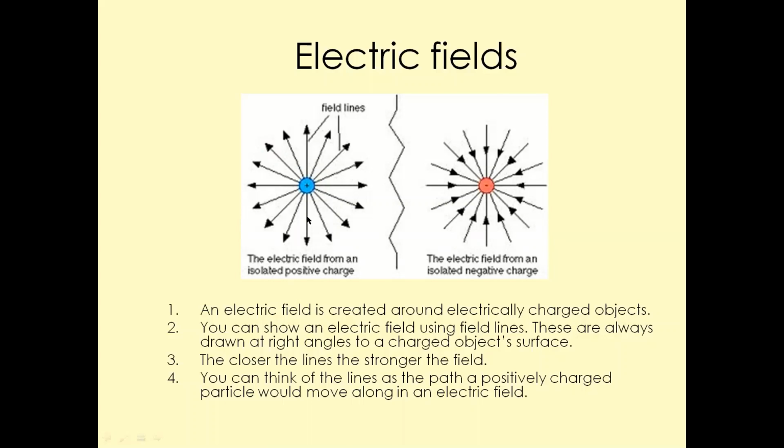And the direction of the electric field lines is always the direction of a positive charge placed in a field. So you can think of the lines as a path that positively charged particles would move along in an electric field. What does that mean?